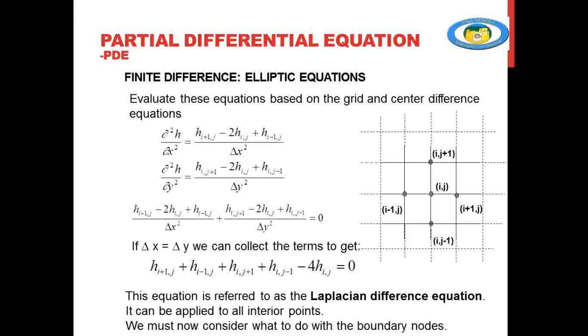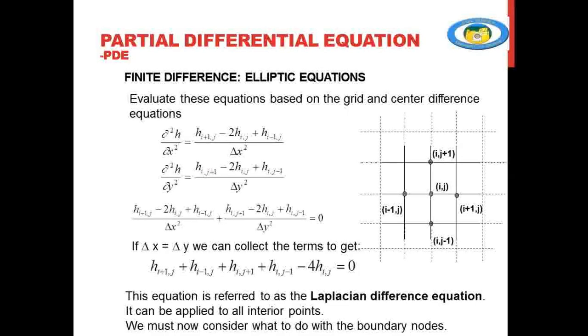Then you would end up with h(i+1, j) plus h(i-1, j) plus h(i, j+1) plus h(i, j-1) minus 4 times h(i, j) is equal to 0. This is typically called the Laplacian difference equation.